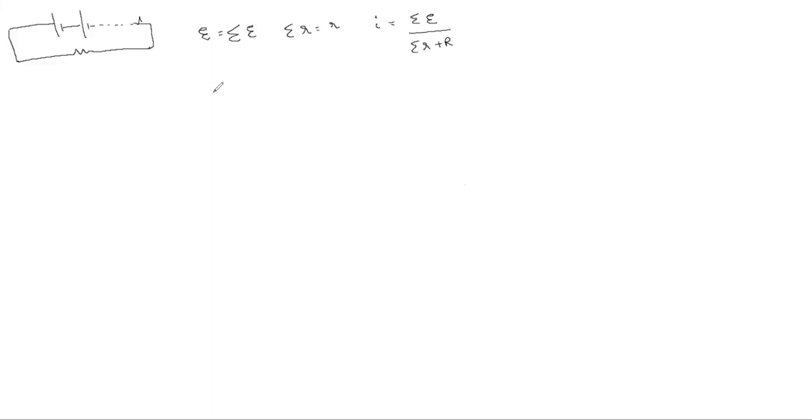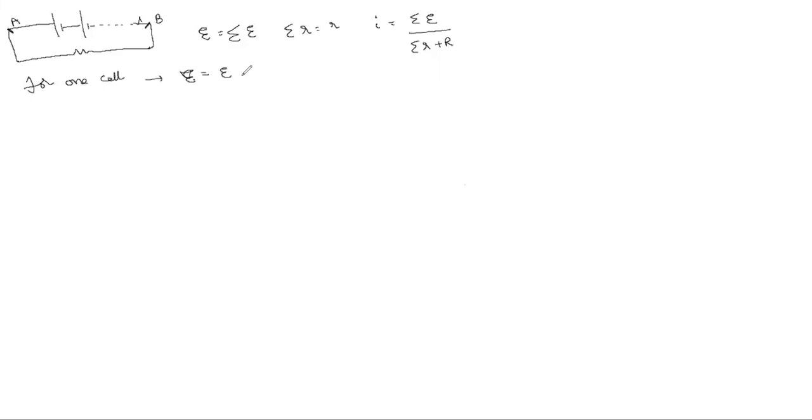Good. In this case, my question is: at points A and B, if I take one cell, how much is the EMF? For one cell, V across AB means the EMF will be only 1E.